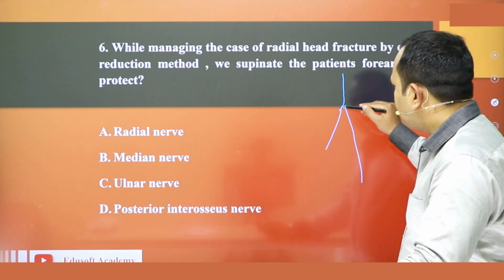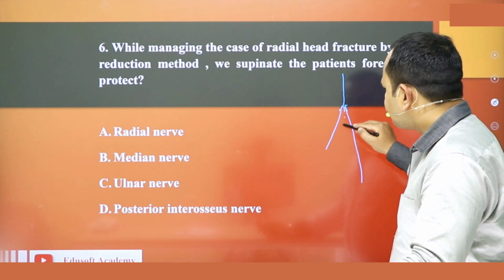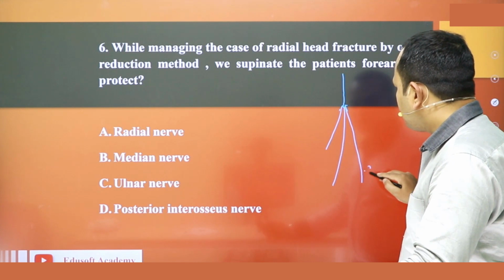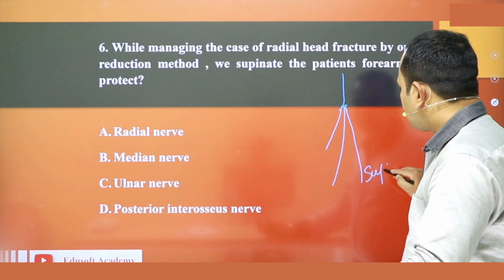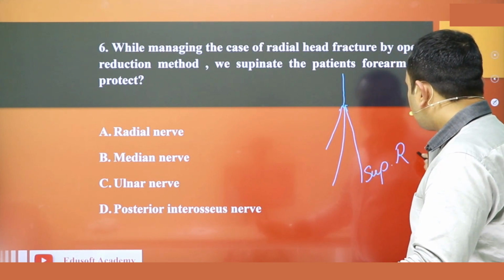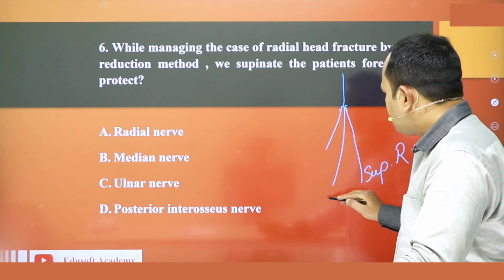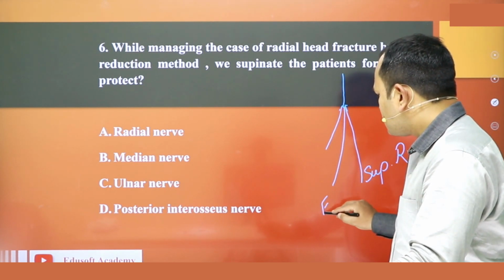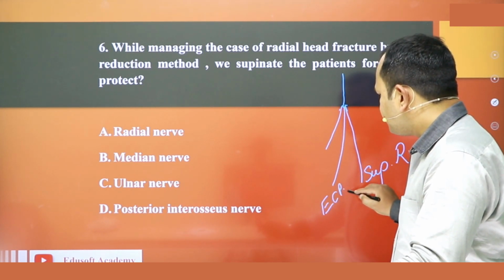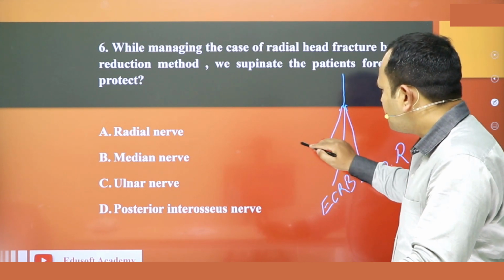After the radial nerve comes out, this is the superficial radial nerve. Then comes the nerve to ECRB, and then comes the PIN.